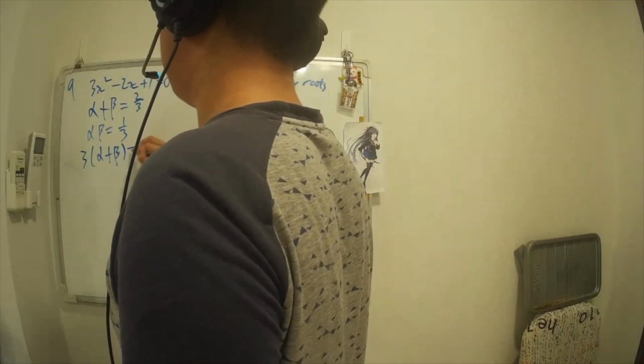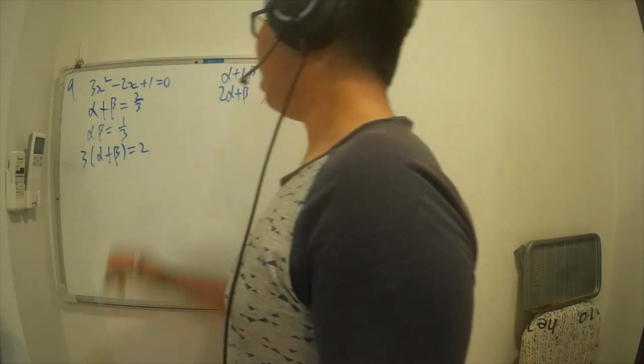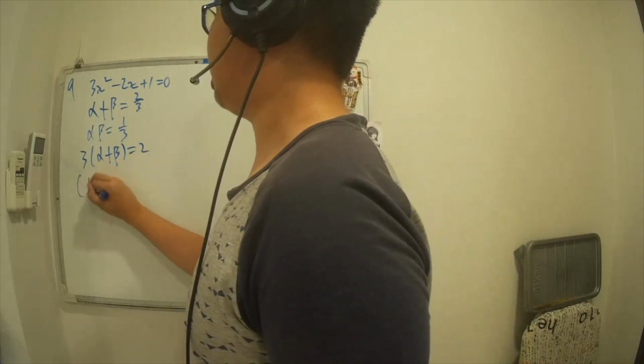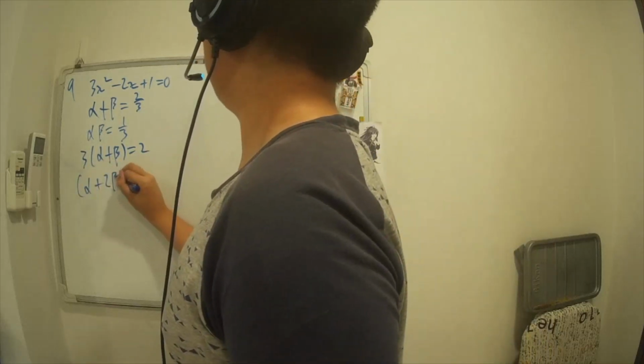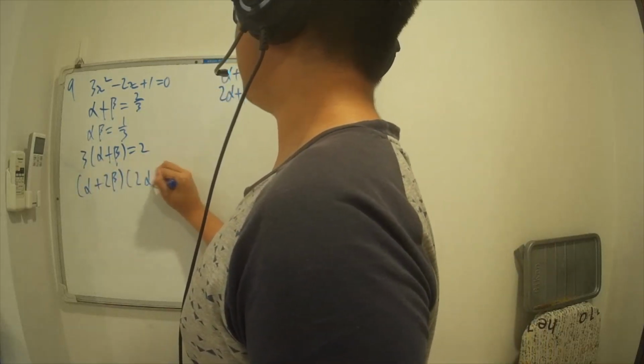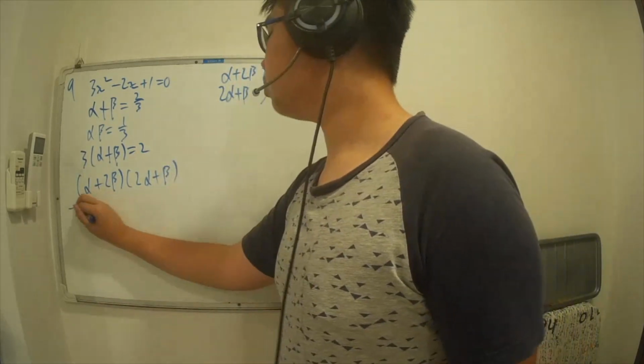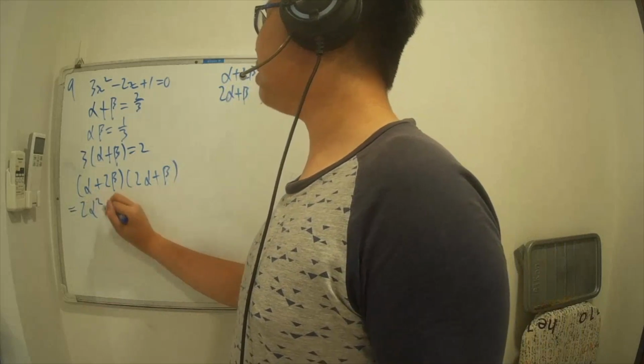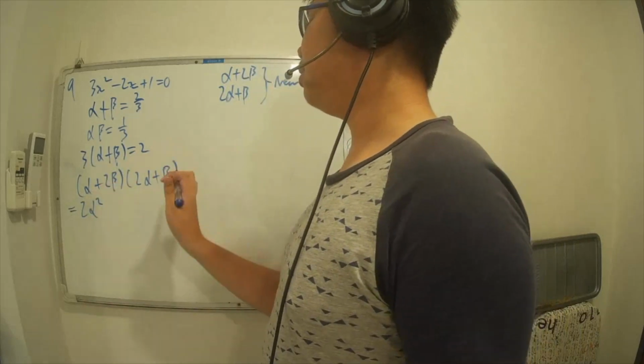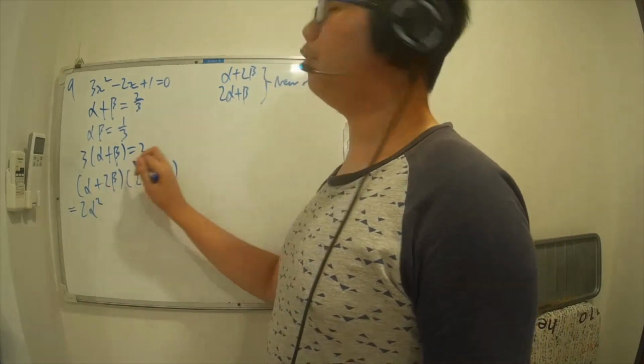This one is 2. Then what about the product? That one's a little bit trickier. Alpha plus 2 beta times 2 alpha plus beta. Let's expand it the normal way. We have 2 alpha squared, then we have alpha beta, and then we have 4 alpha beta.